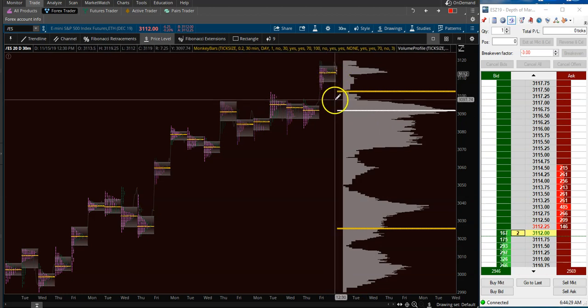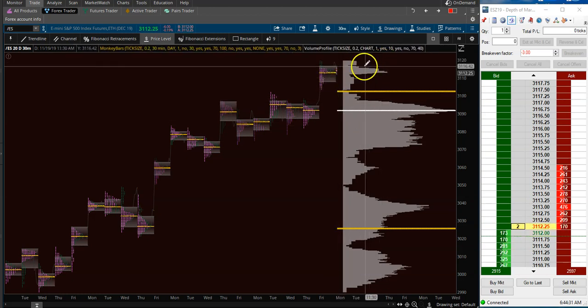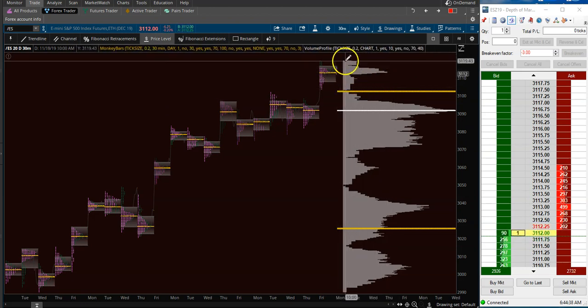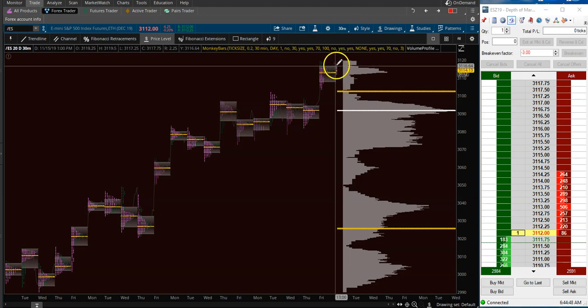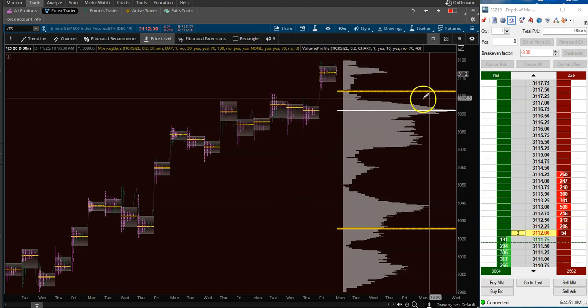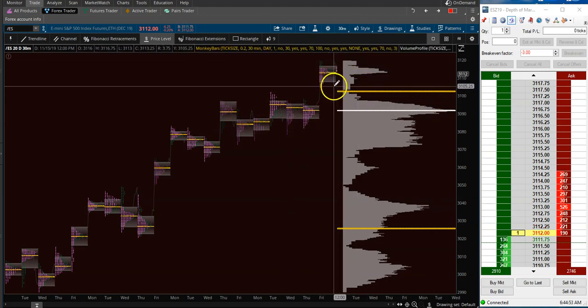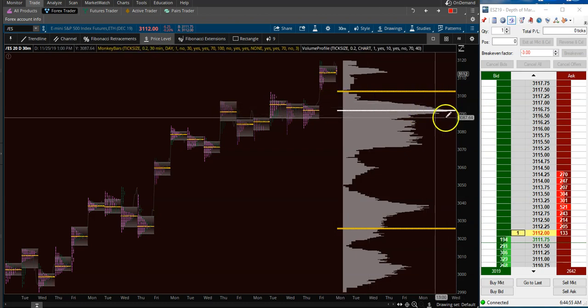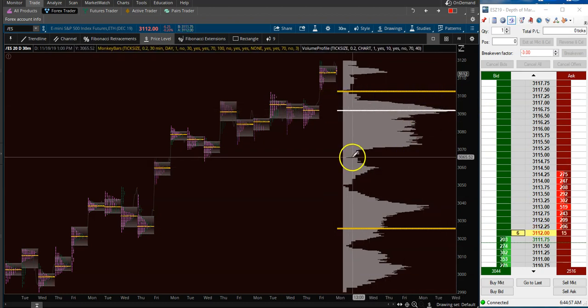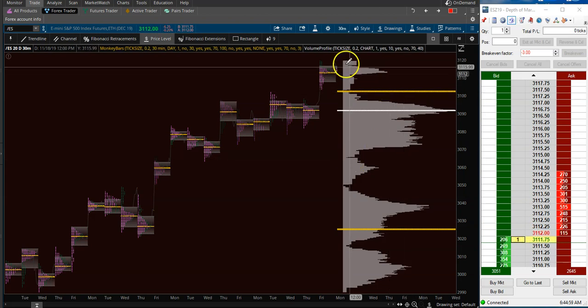Now, as price falls, you could see we're building out a high volume, low node right here. We also don't have excess to the upside. And one other thing is, this is a regular trading hour chart, not extended, so this is only during market hours. If price falls, you see a high volume node here, a low volume node here.